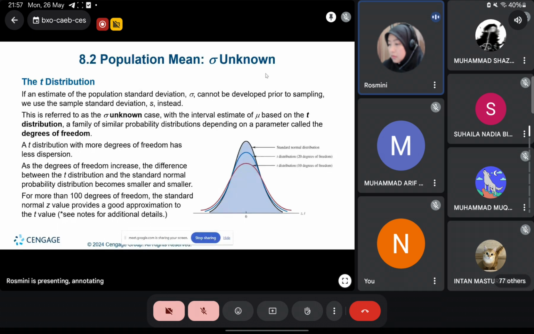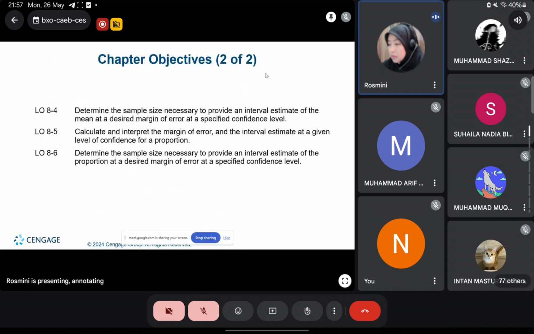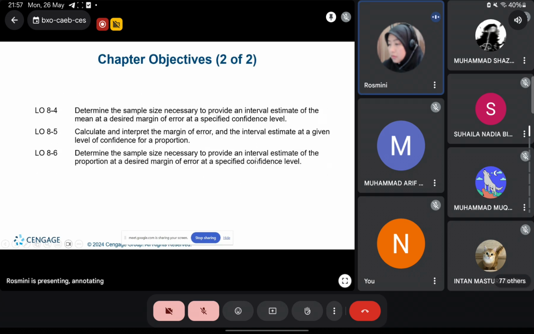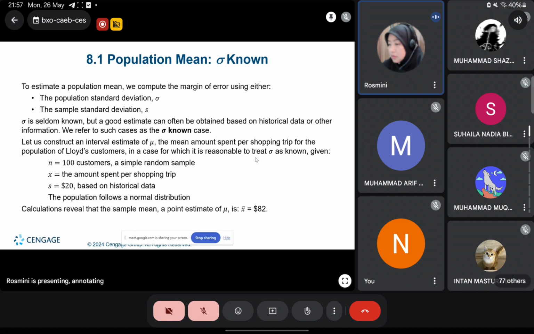So we are looking at those two. Let's see this one here. You have the population mean where sigma is known, and the population mean when sigma is unknown. Next, we will go to how to determine sample size, and then population proportion and big data, adding what we covered earlier. So we are going to calculate.